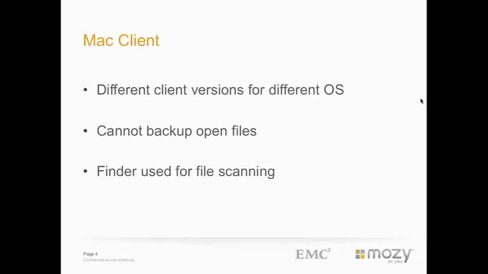Okay. So the Mac client is, obviously, as I said a while ago, different software. It's a different animal compared to the actual Windows software. It operates quite differently, but the premise behind it is exactly the same as it is for Windows.